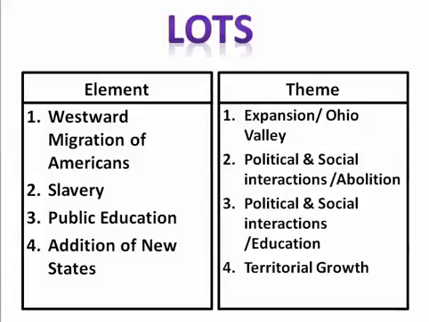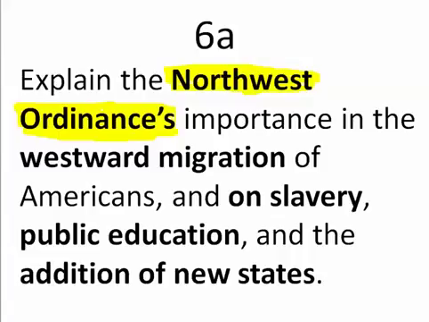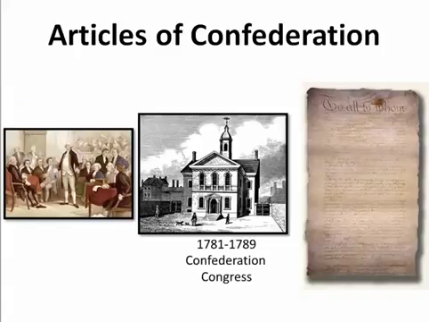So let's start with, what is the Northwest Ordinance? In the last unit we talked about the Articles of Confederation, and the Northwest Ordinance was passed in 1787. In 1787, the Articles of Confederation was the government.